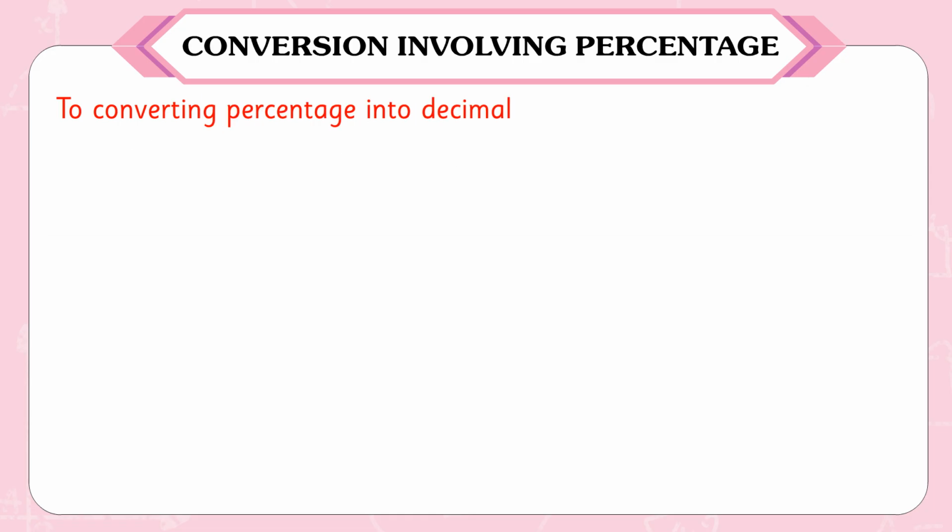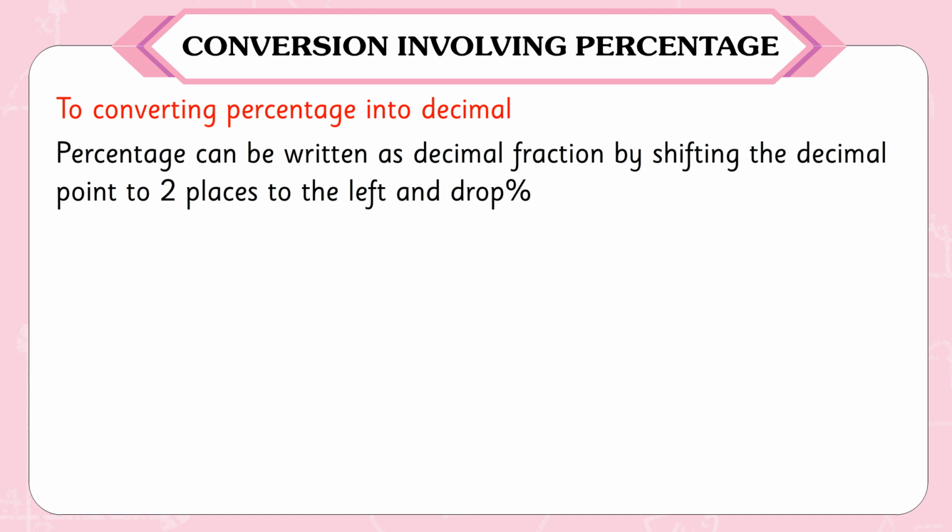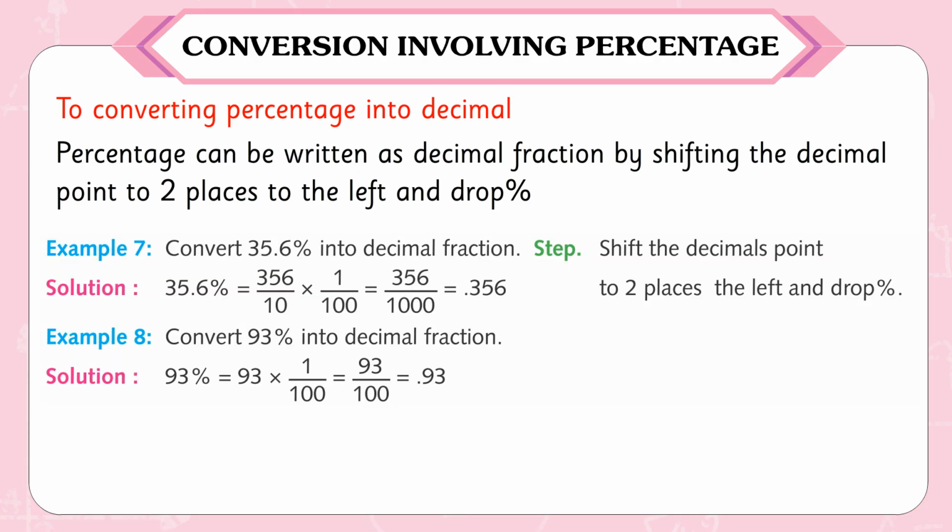Converting percentage into decimal. A percentage can be written as a decimal fraction by shifting the decimal point 2 places to the left and dropping the percent sign. Example 7. Convert 35.6% into decimal fraction. Step: shift the decimal point 2 places to the left and drop percent.